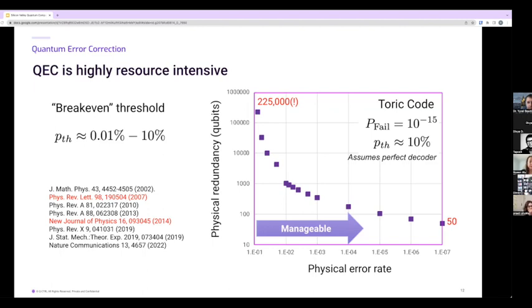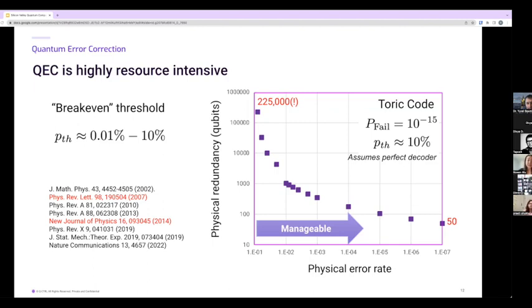So if we assume a fairly low error threshold of around 10%, and this would involve having a nearly perfect decoder, and using a fairly well-researched way of encoding topological quantum error correcting code called the toric code, and in order to achieve a logical failure rate of about 10 to the negative 15th, this is a very low failure rate, but it is also what is commonly seen across research as the state at which things become useful.